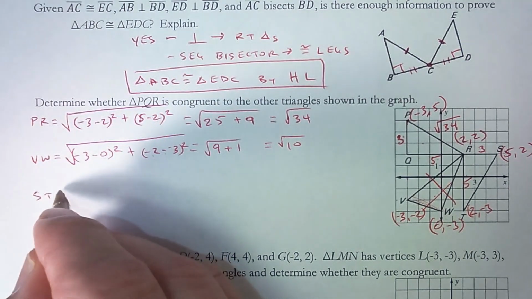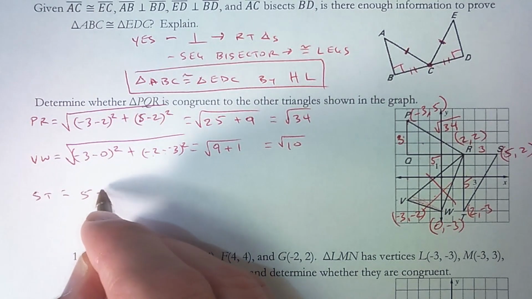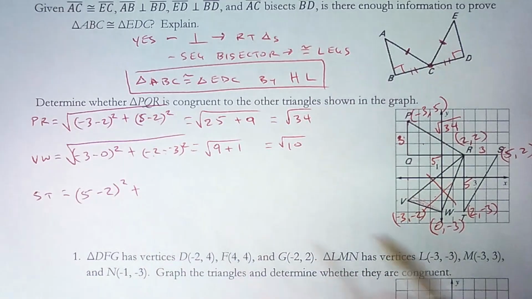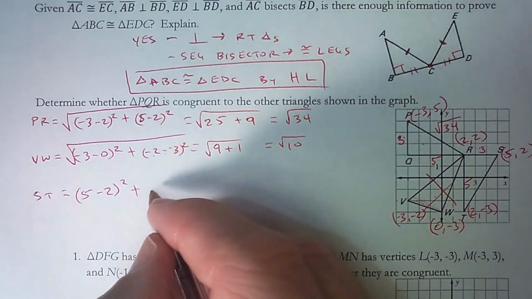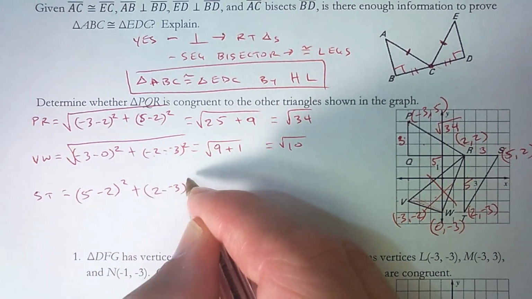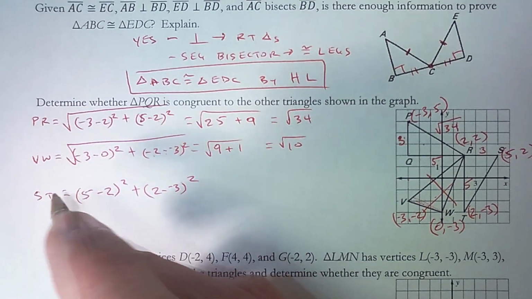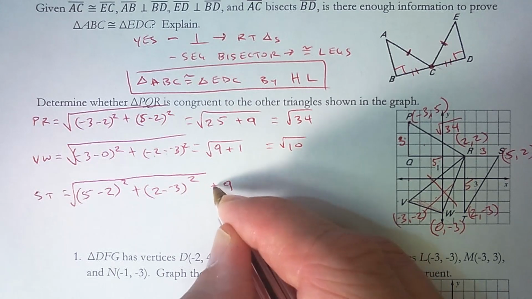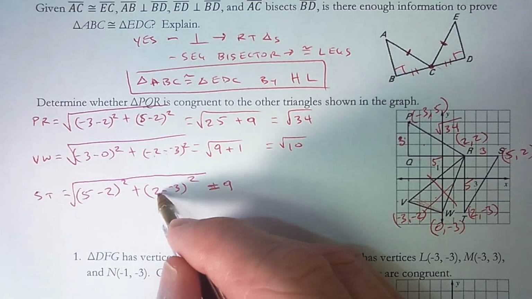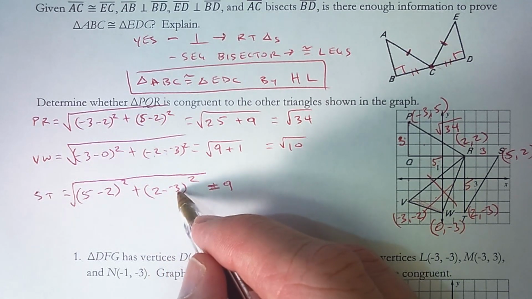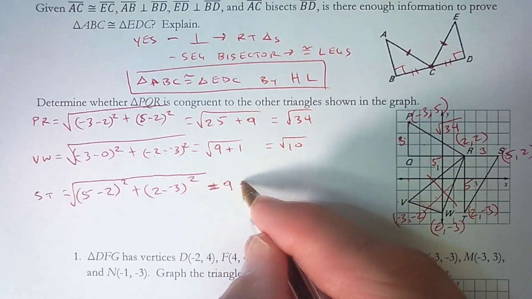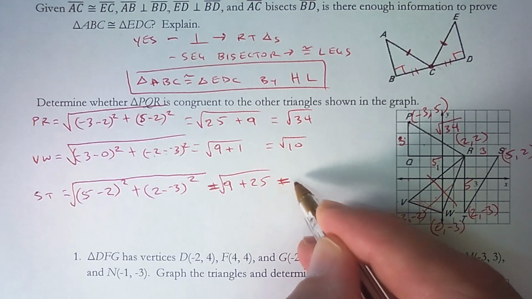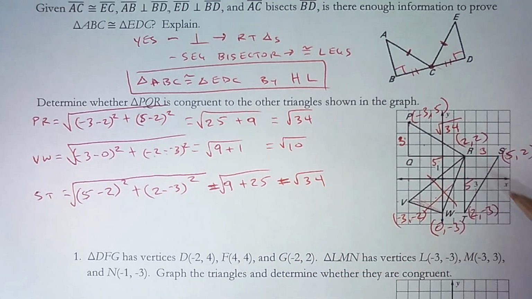So for ST, I have 5 minus 2, those are my x's, squared, plus, and then y minus y is 2 minus -3, squared. 5 minus 2 is 3, squared is 9. And then 2 minus -3, that's 2 plus 3, 5. Squared is 25. And 9 plus 25 is the square root of 34.